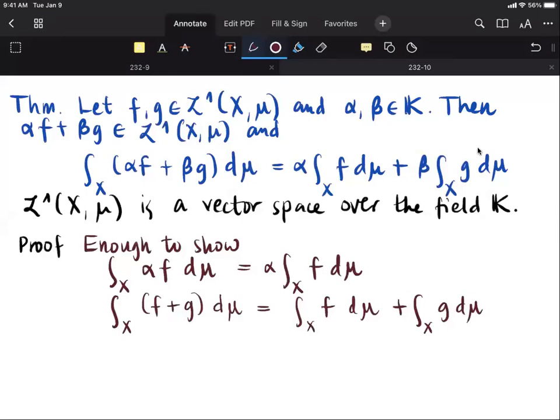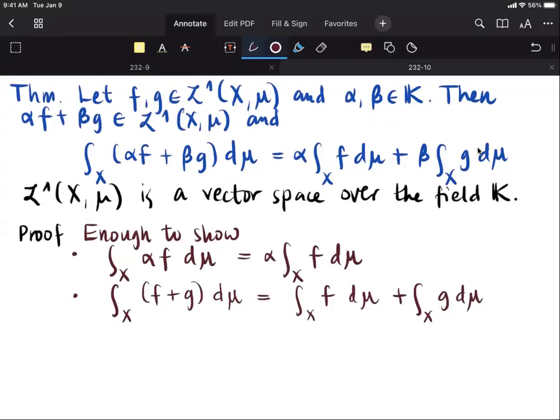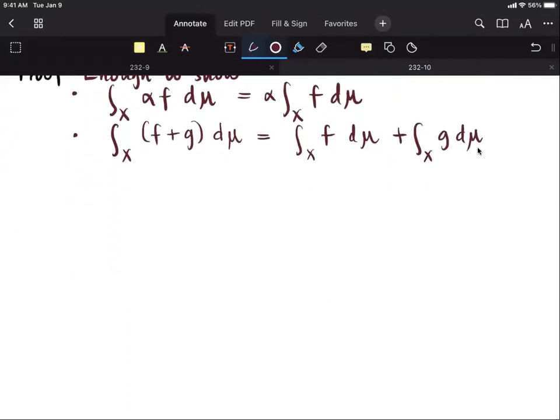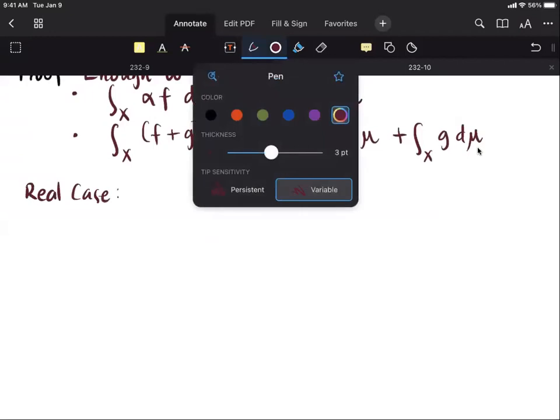And again, it is enough to prove the following two identities. So first, we can pull out the scalar alpha outside the integral, and that the integral of the sum is the sum of the integrals. Again, we will prove this in two cases.